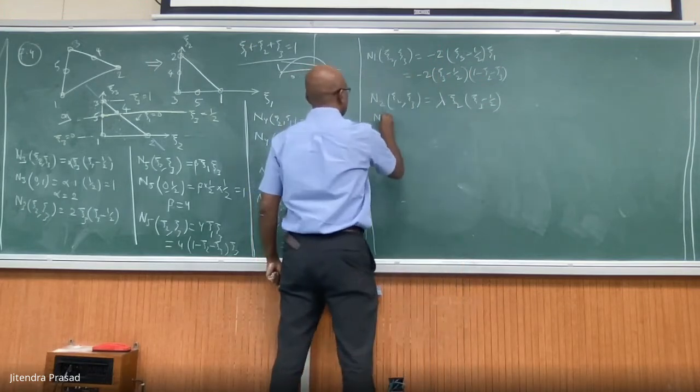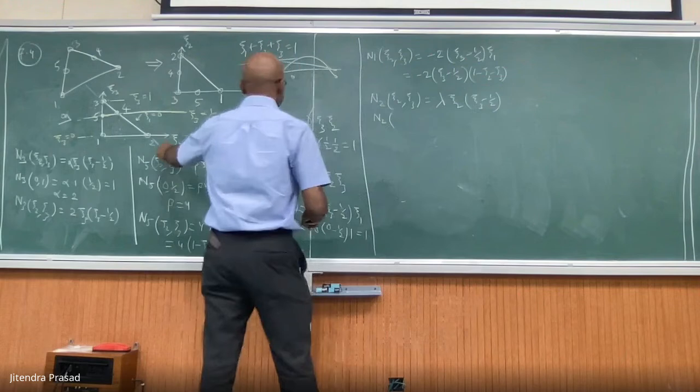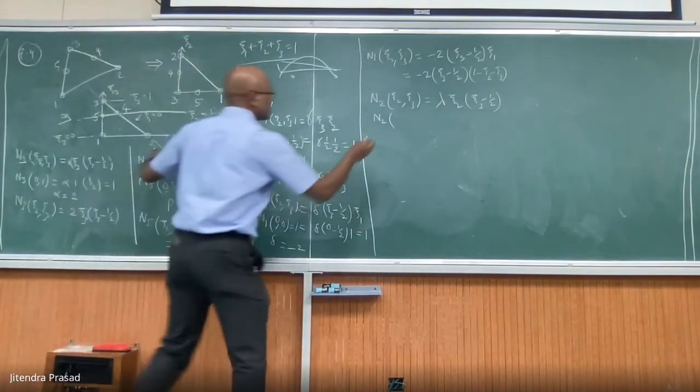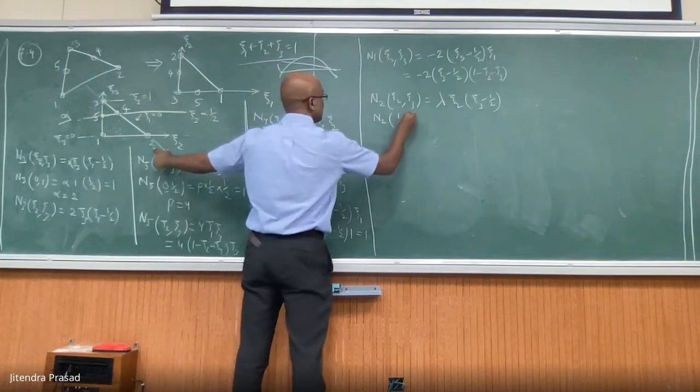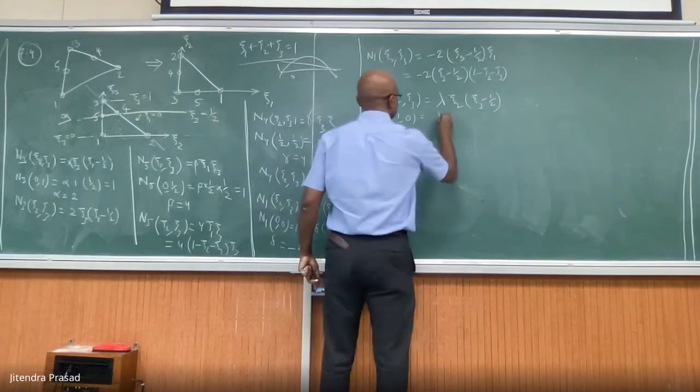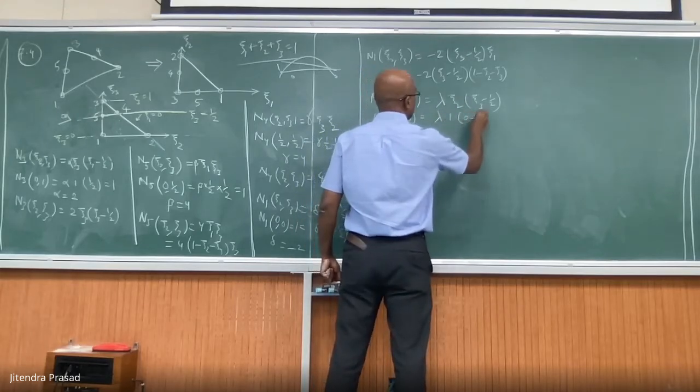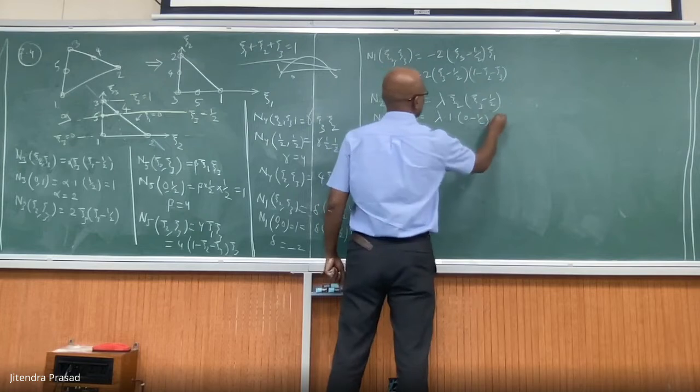Here N2 at xi2 equal to 1 and xi3 equal to 0 is lambda times 1 times (0 minus half), which is equal to 1.